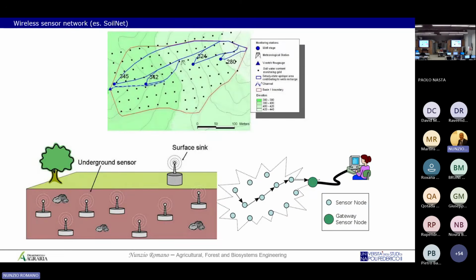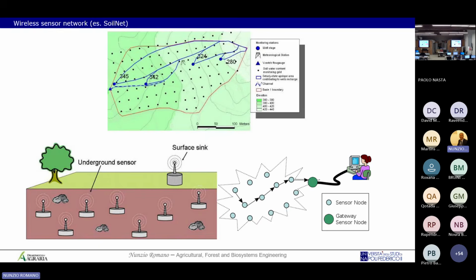Just a few words on the wireless sensor network. It's very easy now. The cost of this equipment is relatively low. You have these sensors put in the ground, and then they are all connected. And then there is the gateway that collects all this information, and you are at your desk in your room at university, and you look at what's going on from the different sensors.